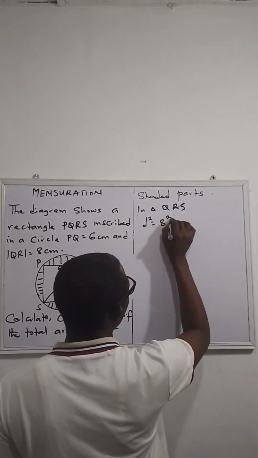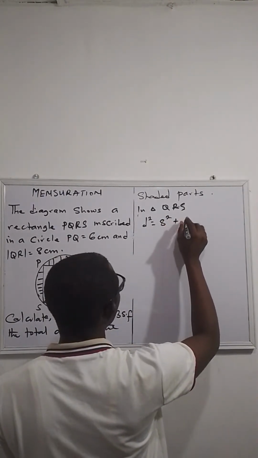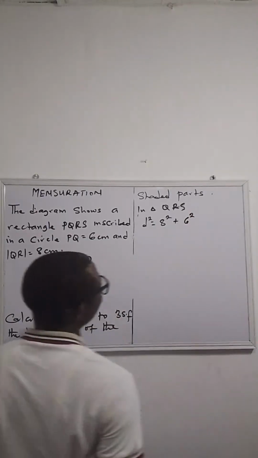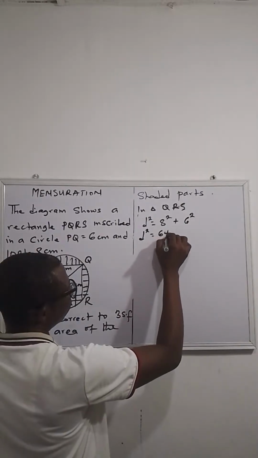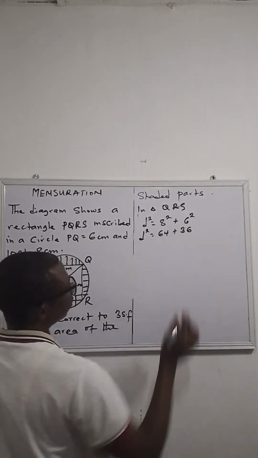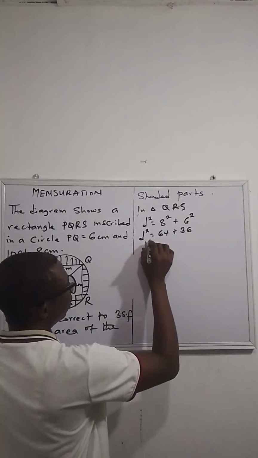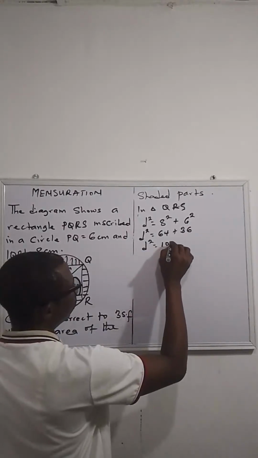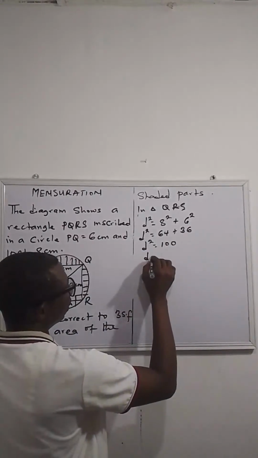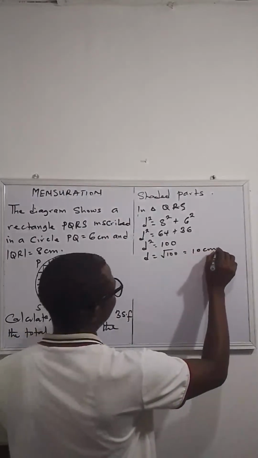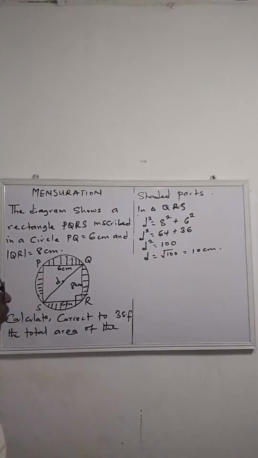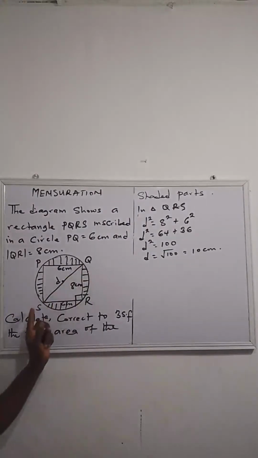So that is 16 squared plus 6 squared. So d squared equals 64 plus 36, and d squared equals 100. Okay, and d is the square root of 100, which is 10 centimeters.